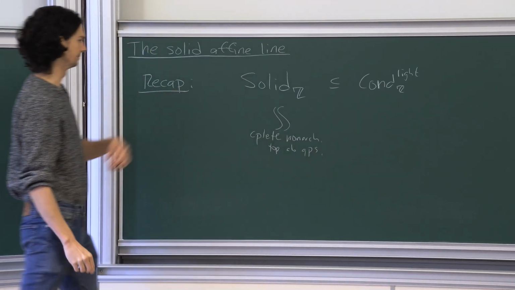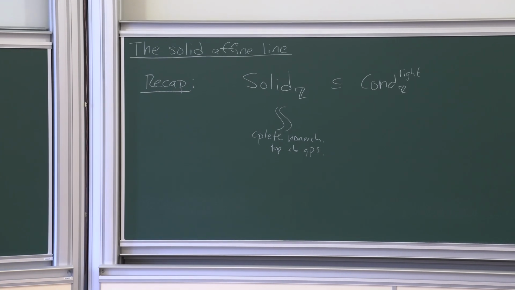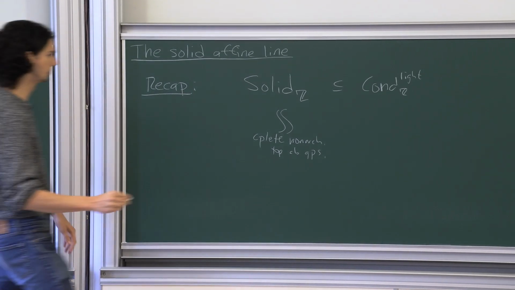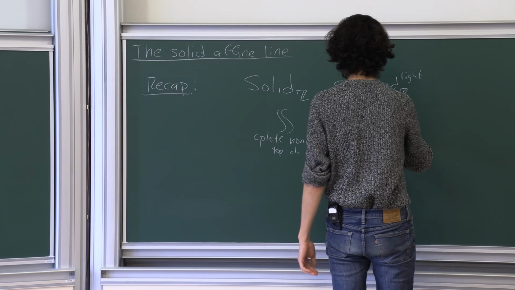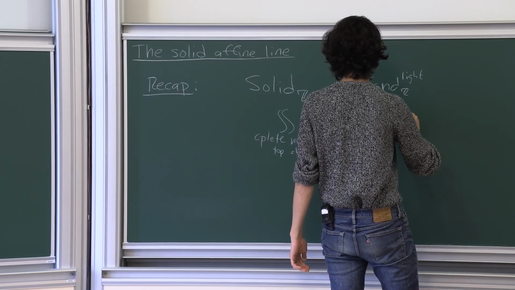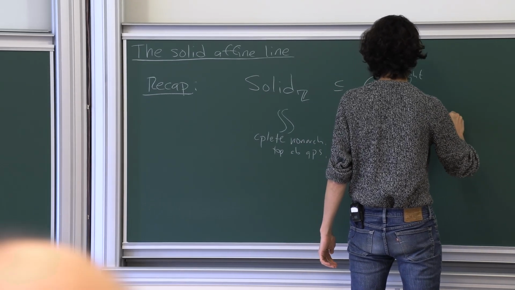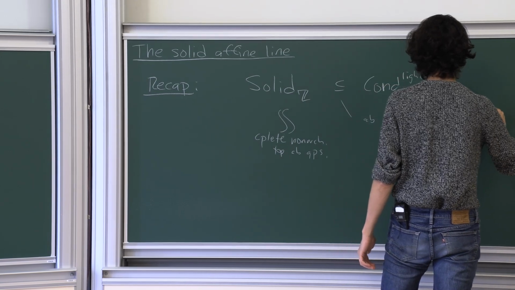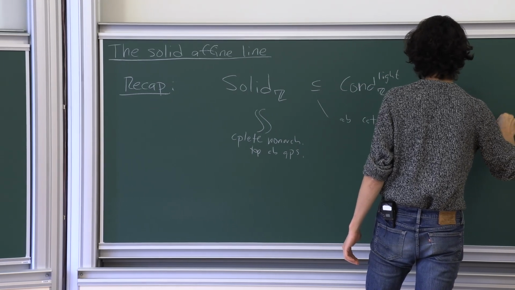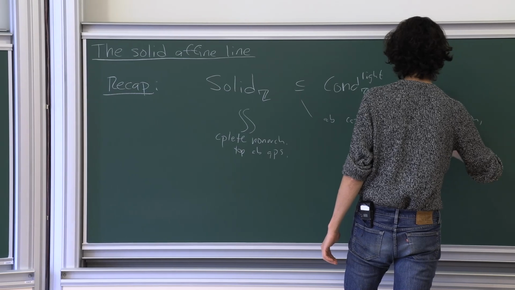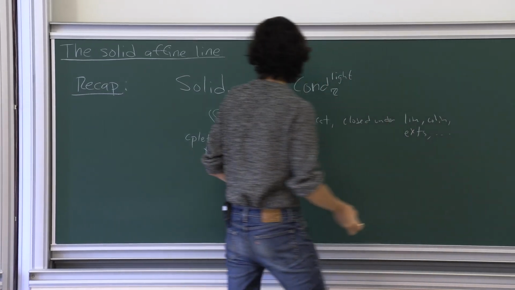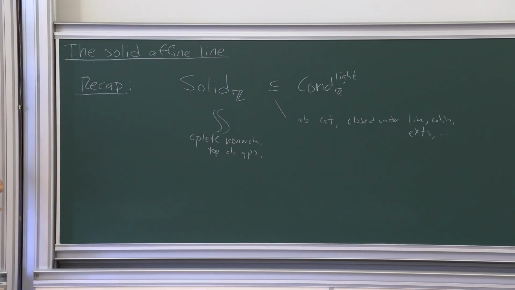But it's kind of, from a formal perspective, easier to work with. It's an abelian category. In fact, it's an abelian category closed under limits, colimits, extensions, and many other things besides.